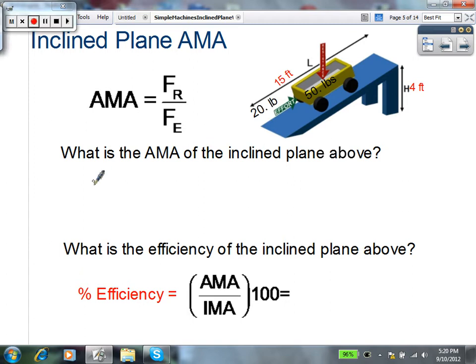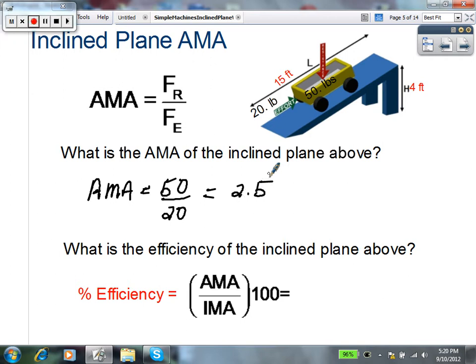So the actual mechanical advantage is equal to 50 divided by 20. And if you do the calculations for that, that is 2.5. So the actual mechanical advantage is much lower than the ideal mechanical advantage.